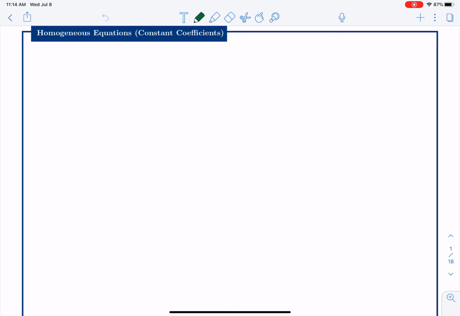So we move on to homogeneous equations with constant coefficients.